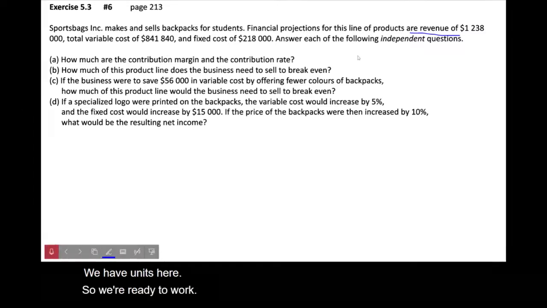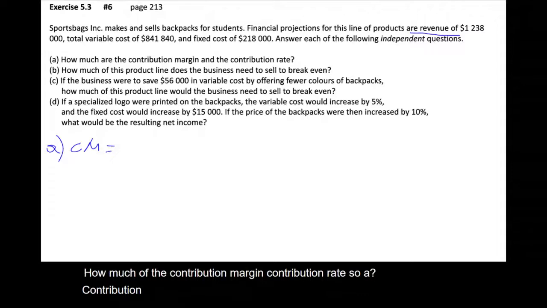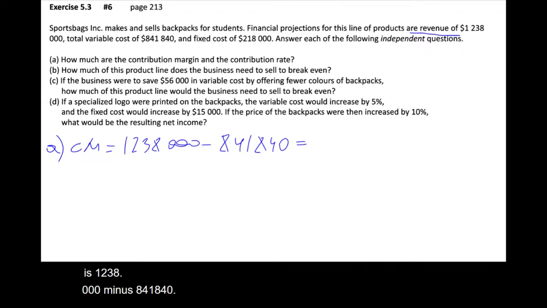How much are the contribution margin and contribution rate? So A, contribution margin is 1,238,000 minus 841,840. Let's see. $396,160.